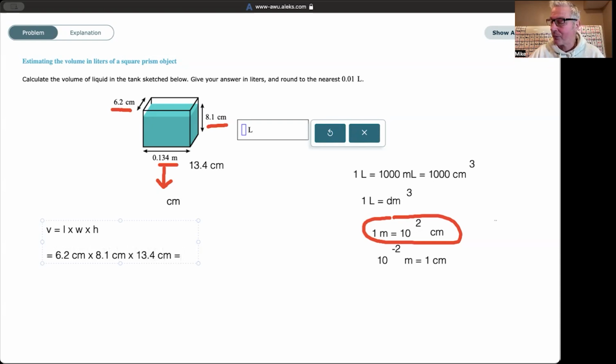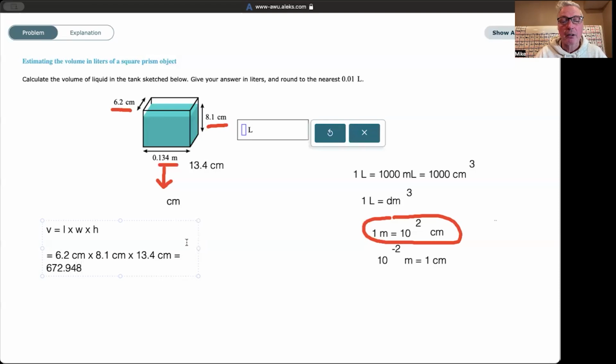Now, got to get out our handy calculator here. And 6.2 times 8.1 times 13.4 is a ton of digits here, but bear with me, 672.948. All right, let's just keep all those digits.